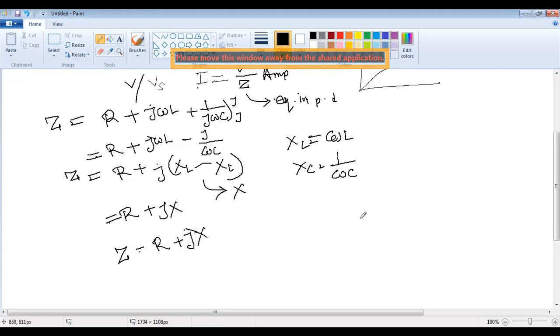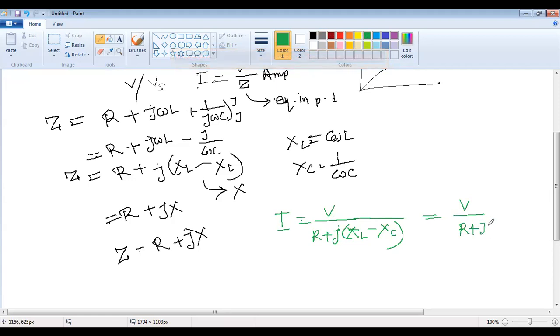And thus I can be written as V by R plus j(XL minus XC), equal to V by the square root of R squared plus X squared, in amperes.